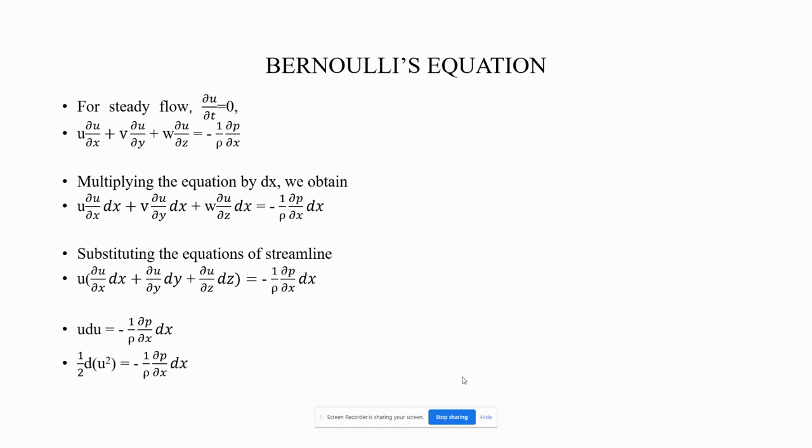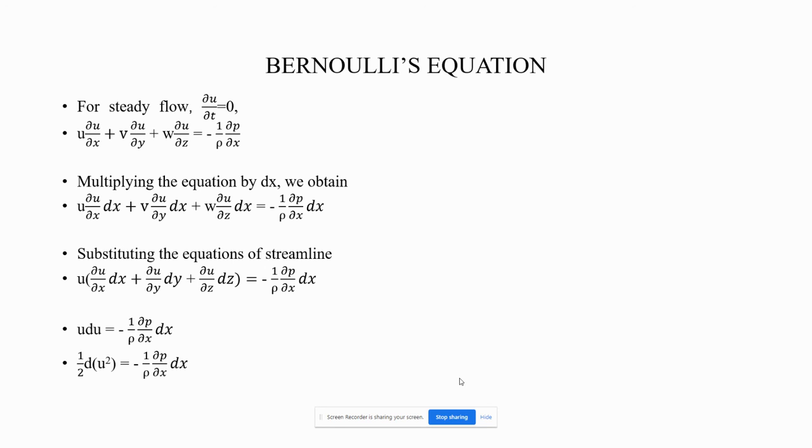Multiplying the equation by dx, we obtain the equation shown here. Then substituting the equations of streamlines: u times dou u by dou x times dx plus dou u by dou y times dy plus dou u by dou z times dz equals minus 1 by rho dou p by dou x times dx.